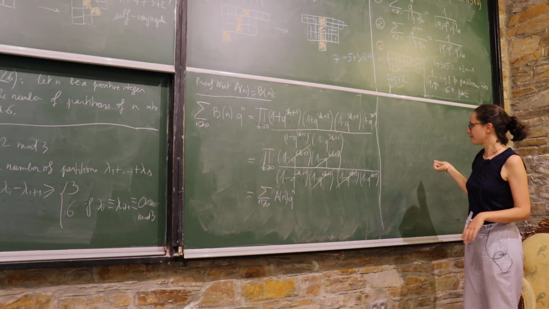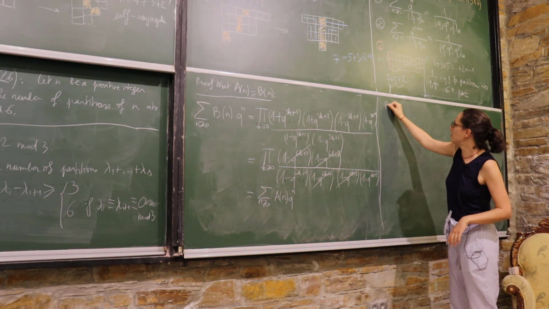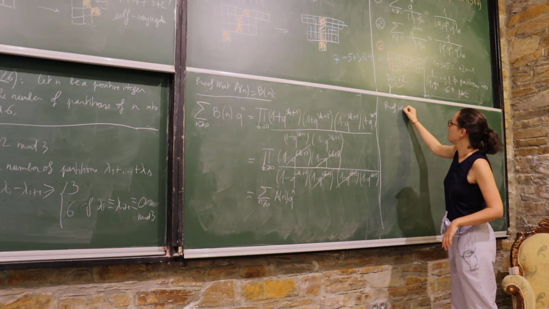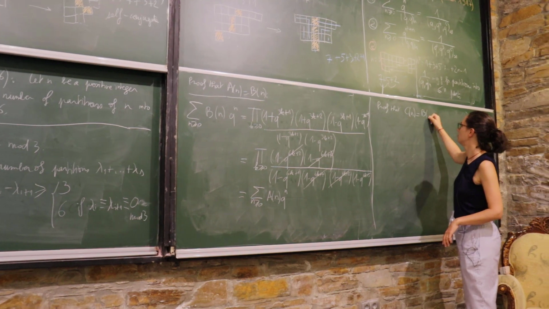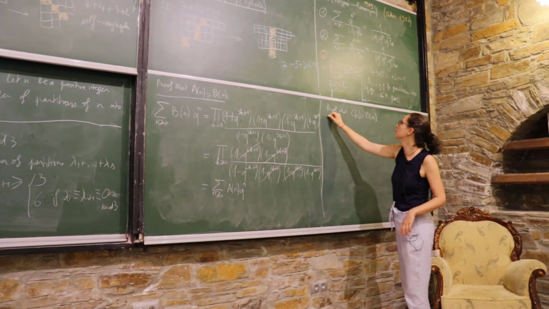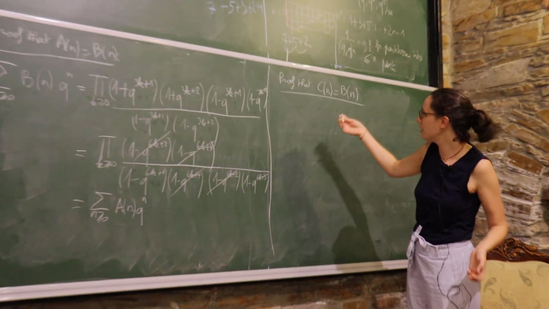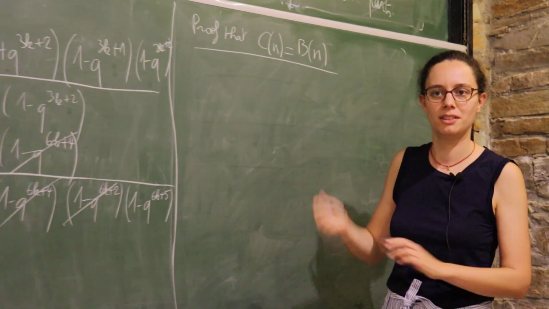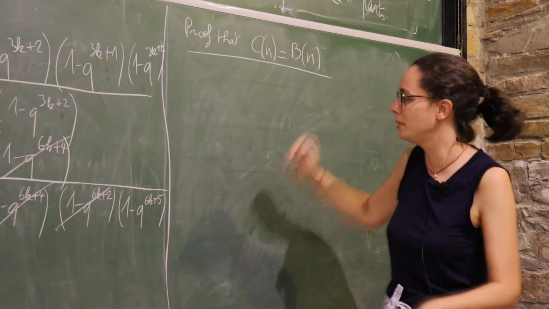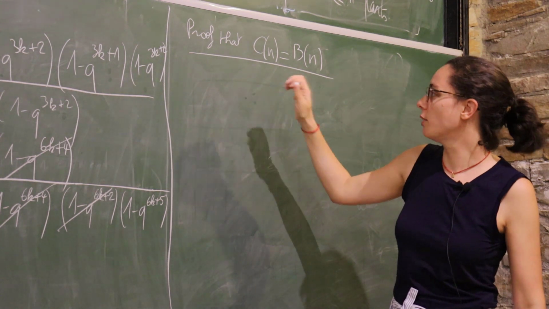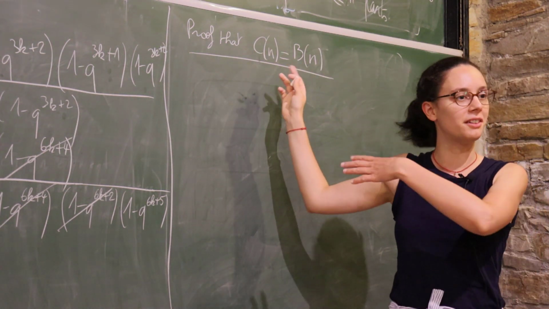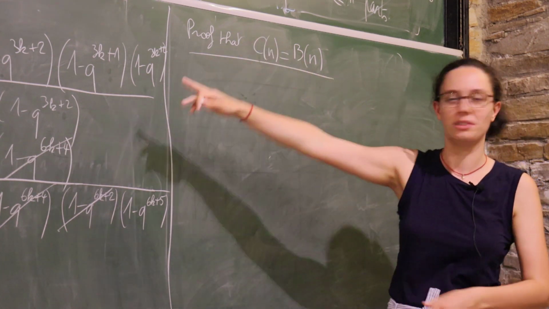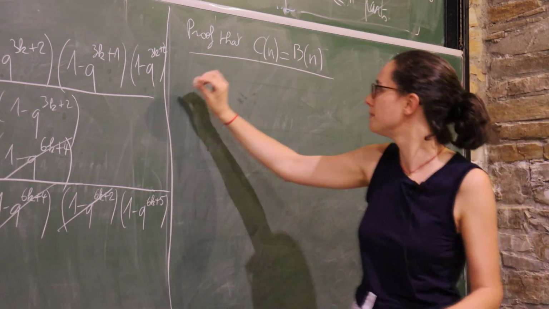So now we want to prove that C of n equals B of n. You could also prove A of n, but with my technique, it's simpler to prove B of n. And so what we will do is start from the generating function for C of n and show that it's the generating function for B of n that we know very well.